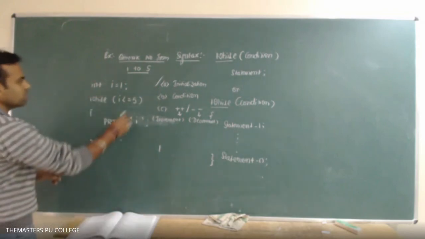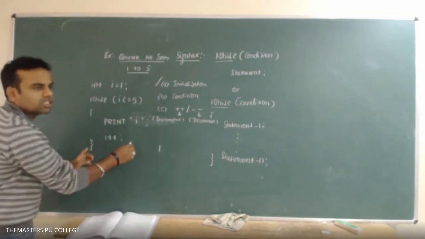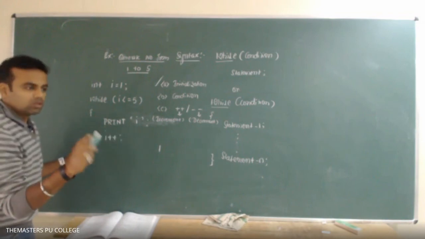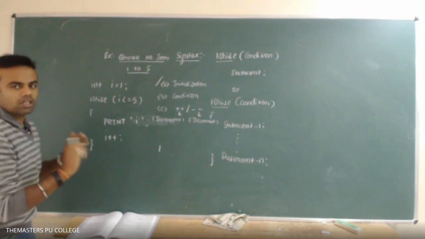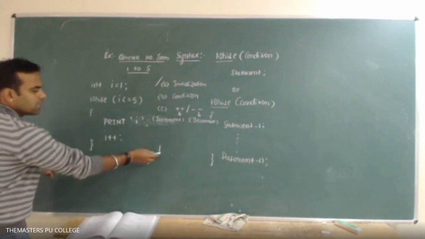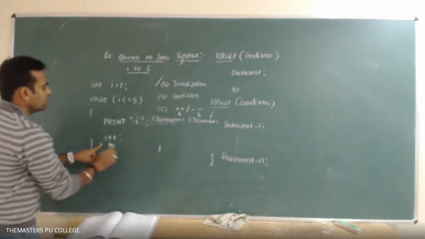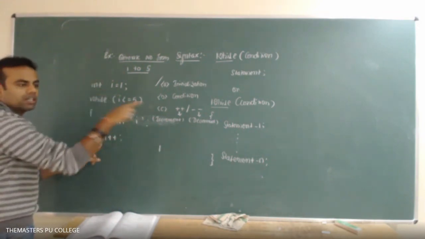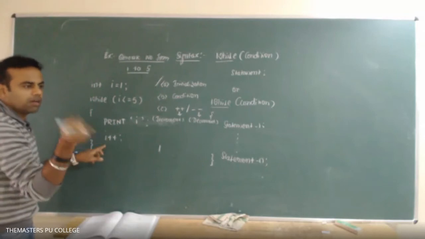So what is a looping statement? It executes the statement repeatedly until the condition is true. When the condition is false, the loop will be terminated. Here the condition is true, the statement will execute, then it is incremented by 1, that is, it becomes 2.